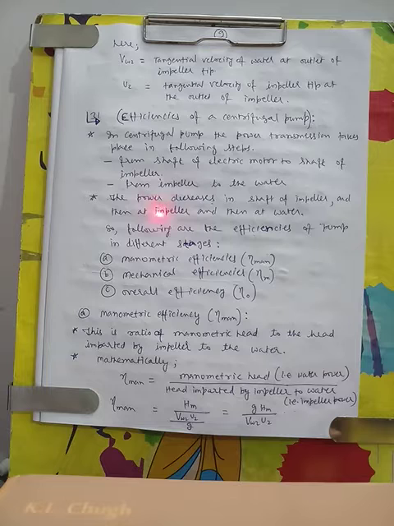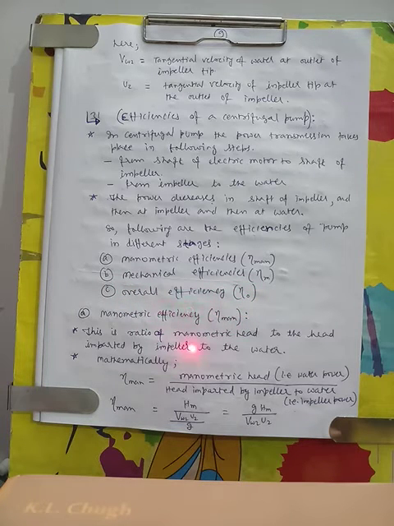In all the steps power decreases, there are some efficiency losses. So the following are the efficiencies of the pump in the different stages. Number 1 is manometric efficiency, indicated by eta MAN. Number 2 is the mechanical efficiency, indicated by eta M, and overall efficiency eta O.